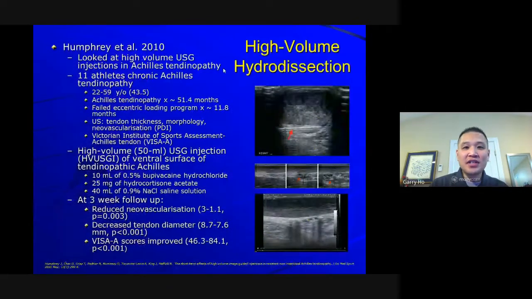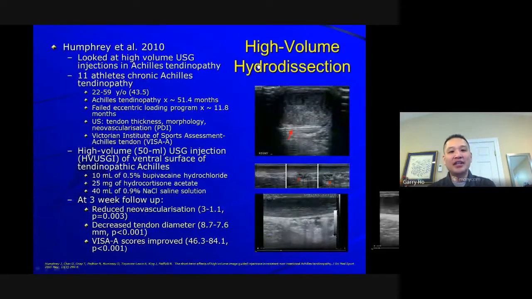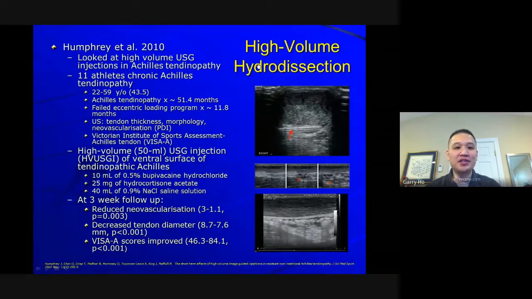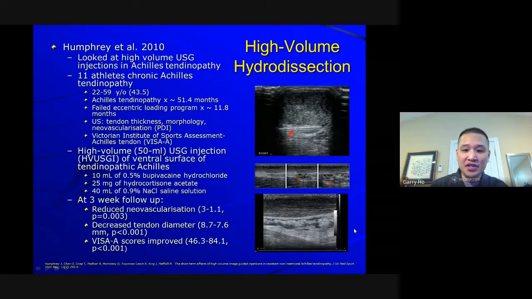Looking at other studies with Dr. Humphrey and other colleagues looking at potentially using a different technique to disrupt that tissue plane, using high volumes of fluid injected into that tissue plane between the Achilles tendon and the Hoffa's fat pad to disrupt those adhesions as well as those neonerves, and found pretty good results with high volume ultrasound guided injections to hydrodissect that tissue plane.